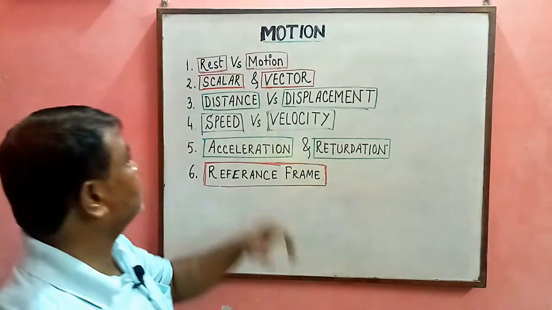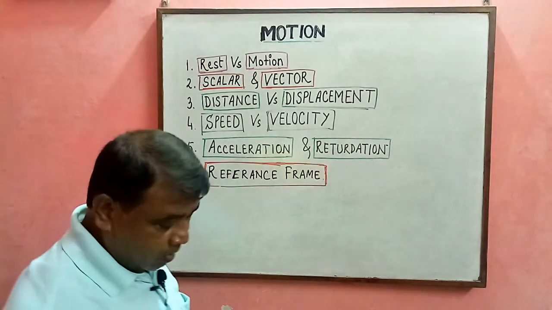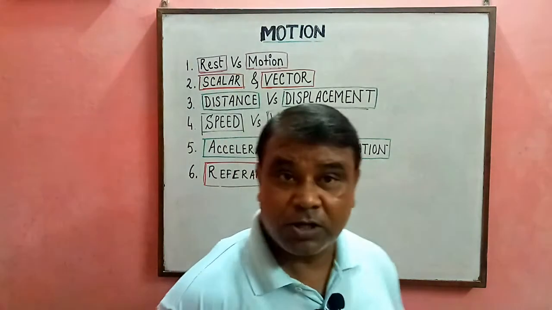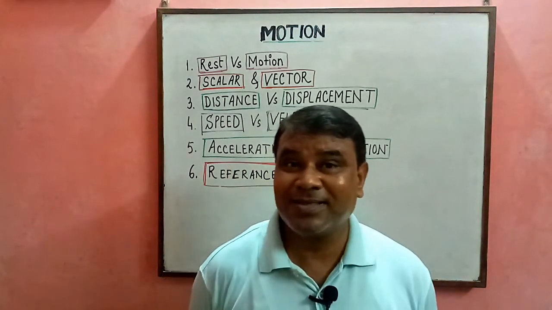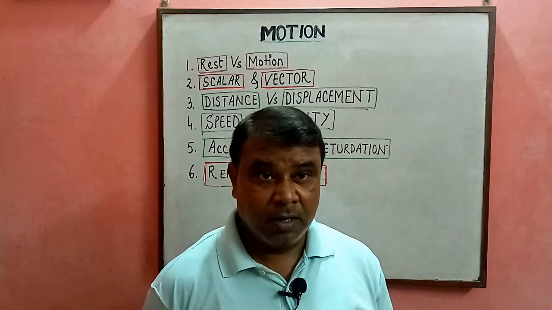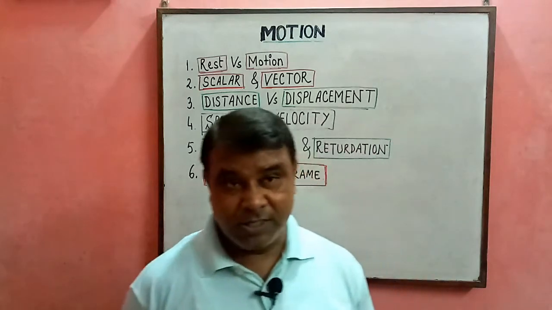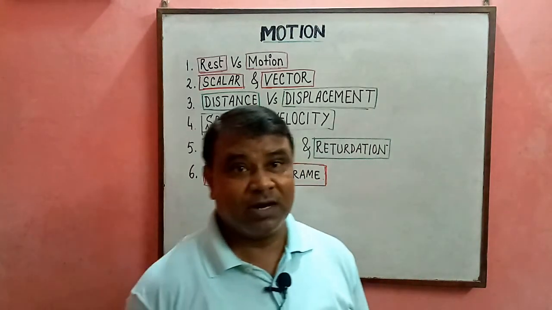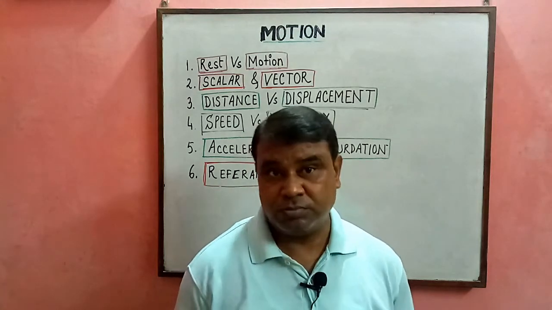My next point is scalar and vector. These are two important physical quantities. We have two physical quantities, either they are scalar or vector. Let me briefly explain these quantities. Scalar has only magnitude.